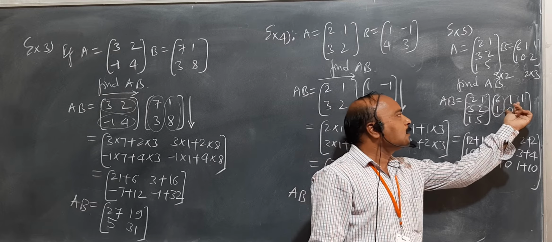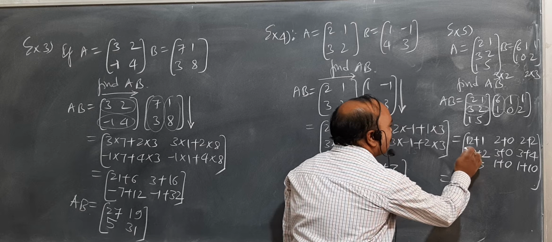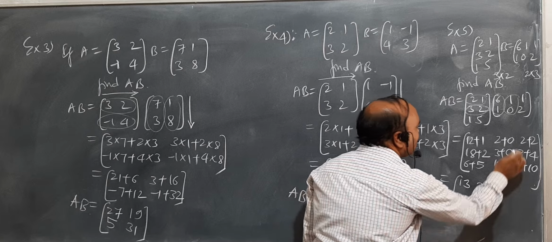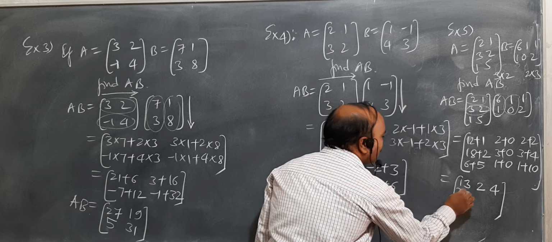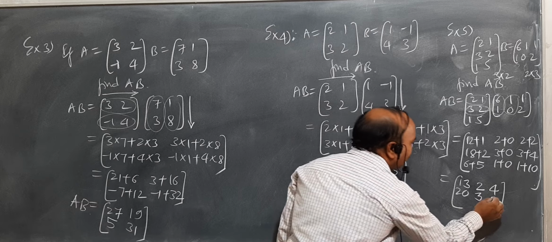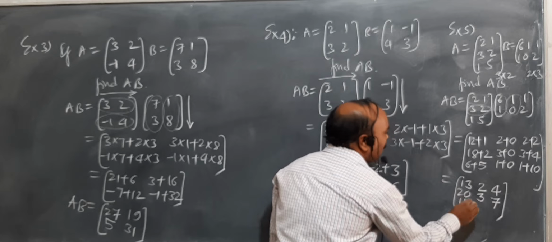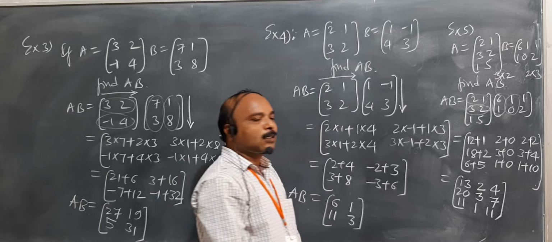Now simplify this, you get 12 plus 1 is 13, 2 plus 0 is 2, 2 plus 2 is 4, 18 plus 2 is 20, 3 plus 0 is 3, 3 plus 4 is 7, 6 plus 5 is 11, 1 plus 0 is 1, 10 plus 1 is 11.